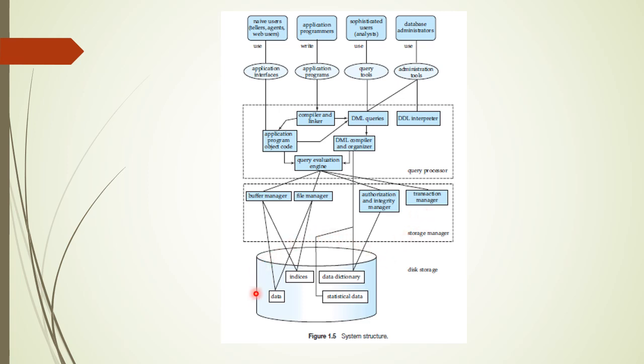And this is the disk storage where your data is stored, that is data, indices, data dictionary, and statistical data. So this is the system structure which contains the users, what they do, then the parts of the query processor, the storage manager, and the disk storage.